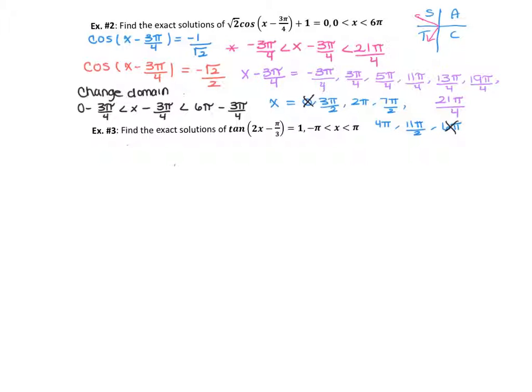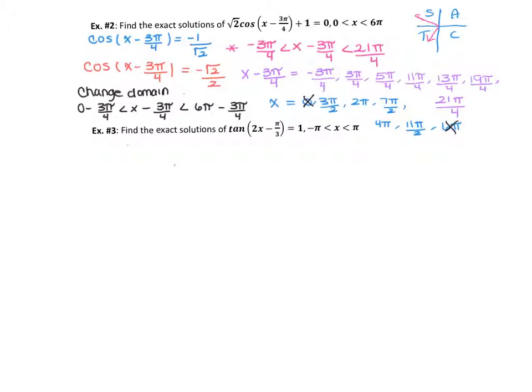So you have to add 3 pi over 4 to all of those answers, and your results are the possible intersections between the cosine on the left side and y equals 0 on the right side, from 0 to 6 pi.